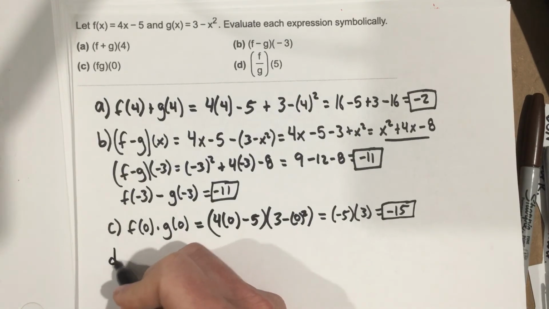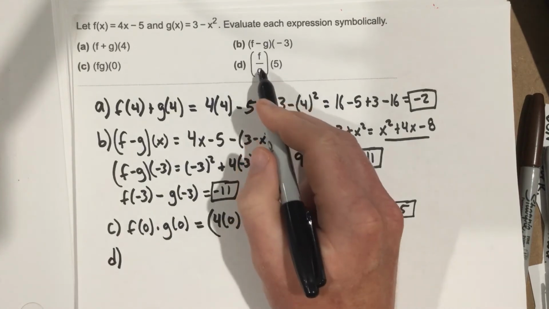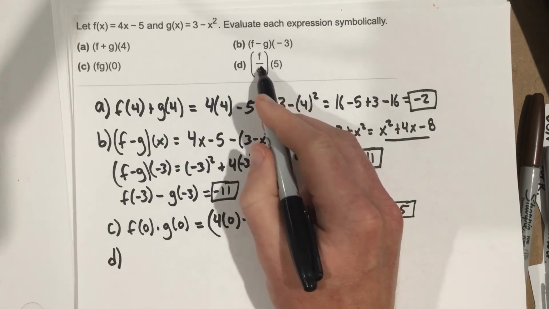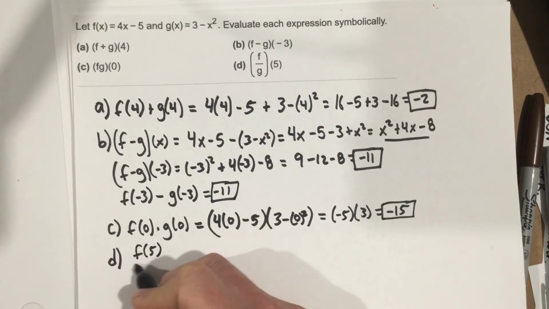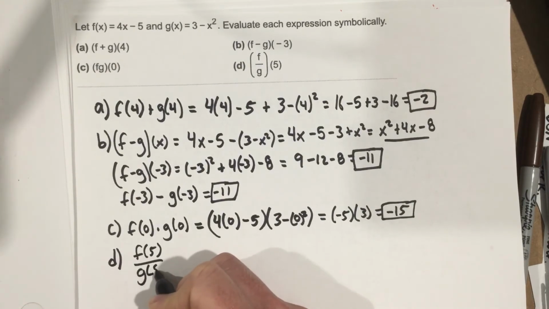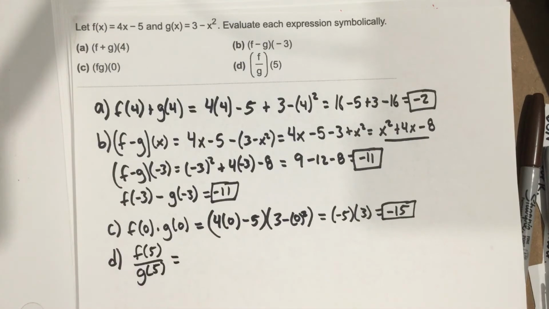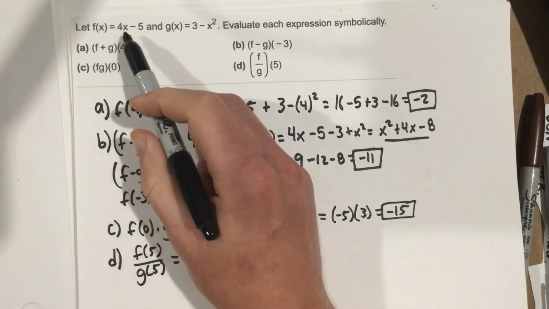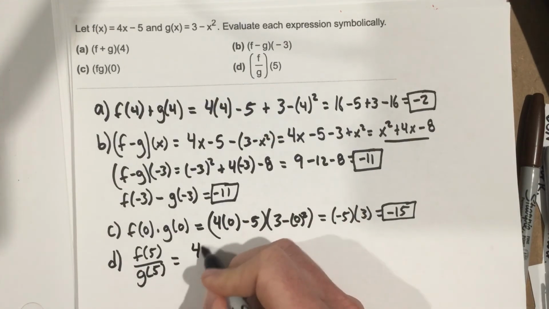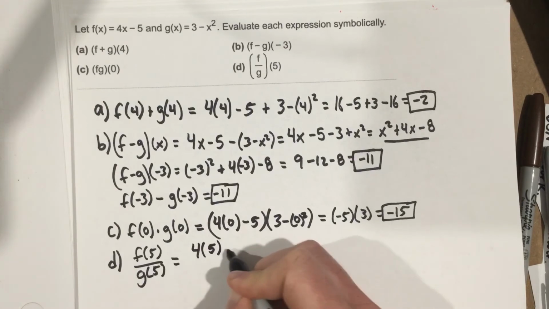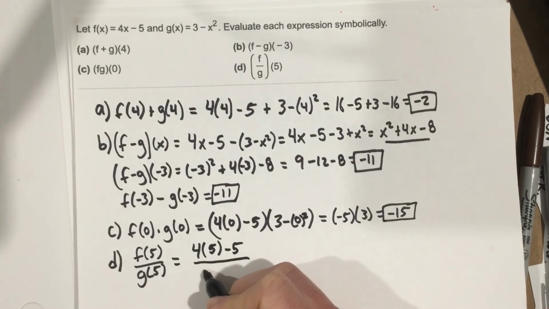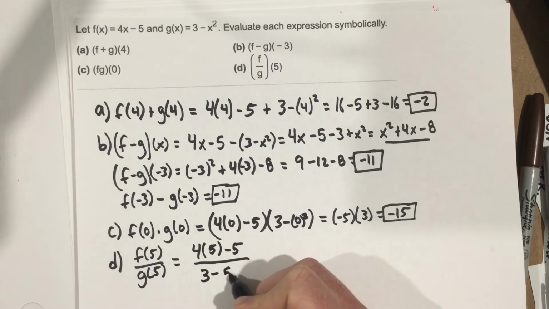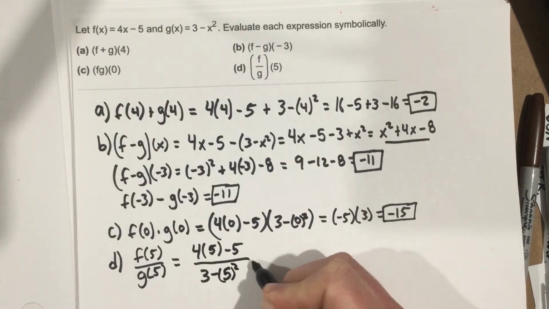Part D. f over g, so f divided by g of 5. So that's going to be f of 5 over g of 5. For f of 5, we plug 5 in, we get 4 times 5 minus 5, over g, which would be 3 minus 5 squared.